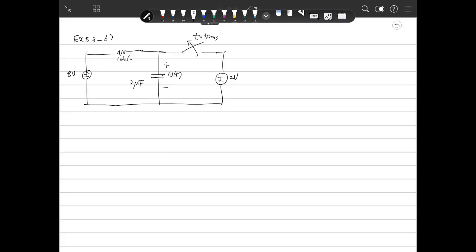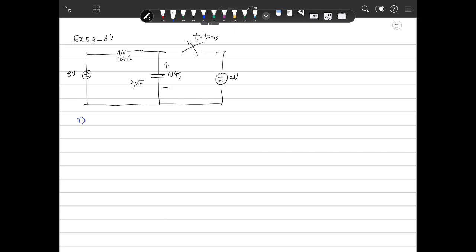So, okay, I will solve this example as this is the first time to solve here. Okay, the first, what should we do? The first, we need to find the initial condition.